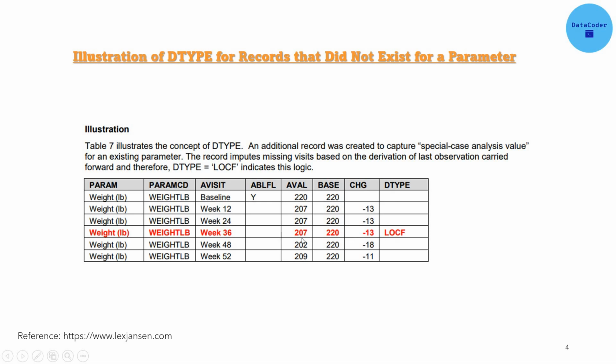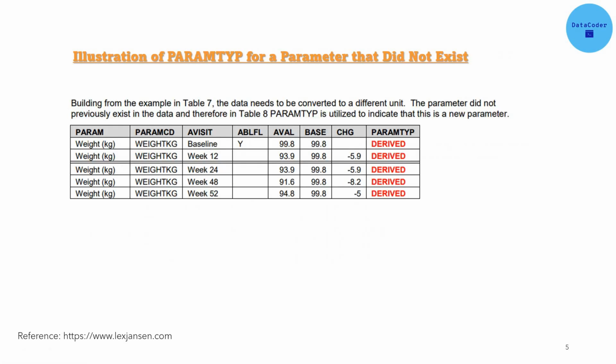So based on which method the missing value has been imputed for that particular parameter, that method has to be mentioned in the DTYPE column. Okay, so this is the first example when the missing value is imputed using DTYPE.